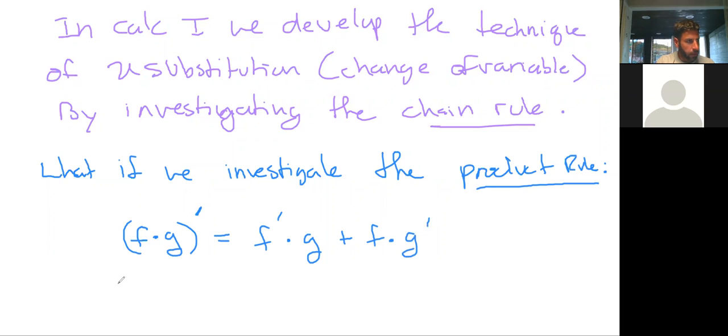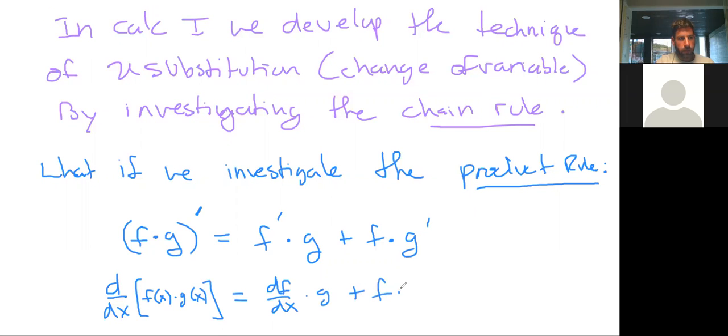Or you might write it in terms of d dx, where this is df dx times g plus f times dg dx. When I say investigate that, what I'm suggesting is let's look at this formula that we know and love from calculus and ask, what if we were to rewrite it not in the language of derivatives, but in the language of integrals?